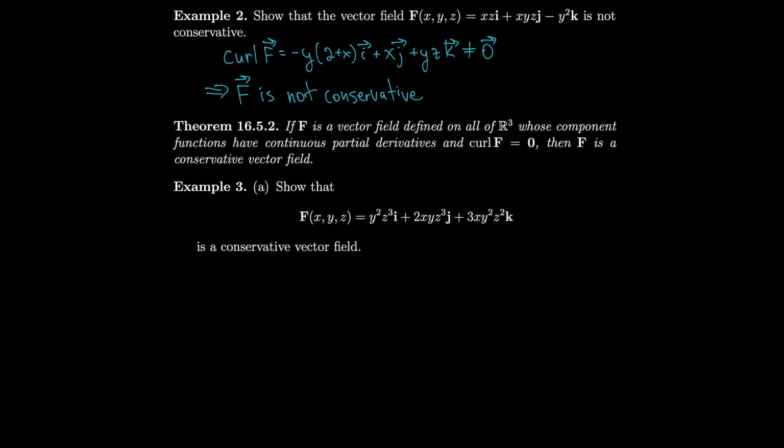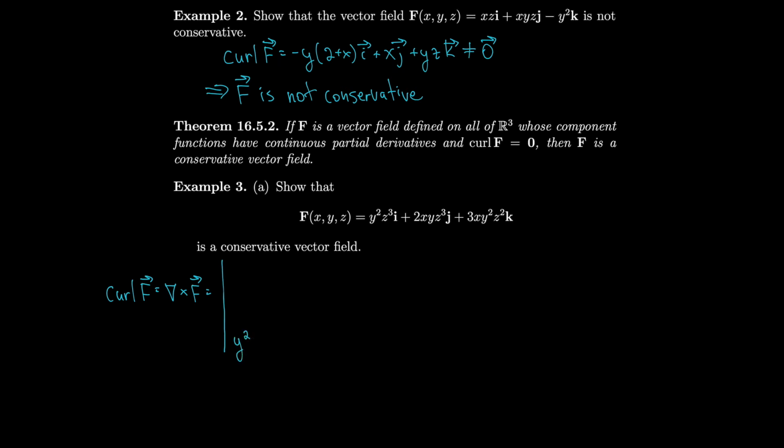So let's write out the curl. The curl of f is equal to del cross f. So that's equal to i, j, k. And actually, maybe I'm going to want to spread these out a little bit. I'm probably going to want more space because look how big each of my components are. So I'm going to write those first.